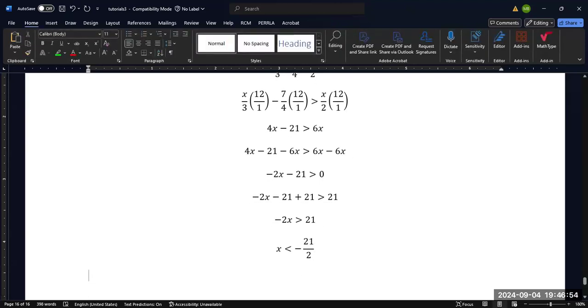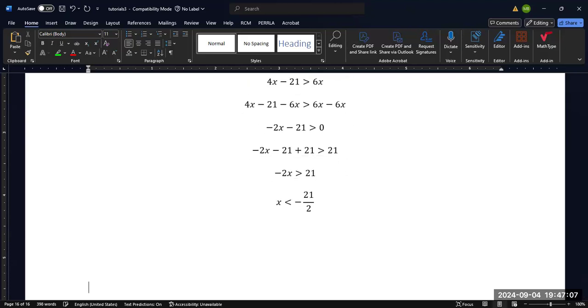Now, keep in mind that I ultimately want to draw this on a number line and write it in interval notation. Sometimes I find that it's easier to draw it first and then convert it to interval notation, particularly when there's only one endpoint, which can be a little bit more confusing.